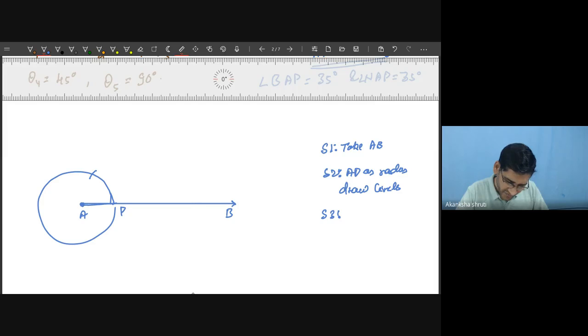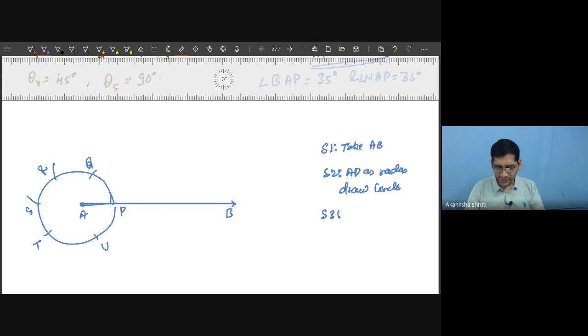One time, two times, from P to Q, then take Q as the center where you place this tip and make another arc cutting this circle. Then the third one, you can observe. So Q, let us take this as R, this as S, then the other one T and the other one U.